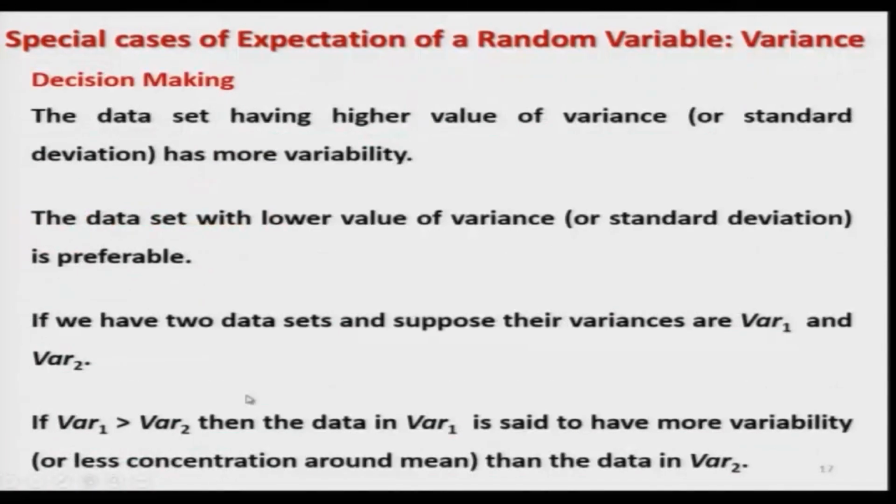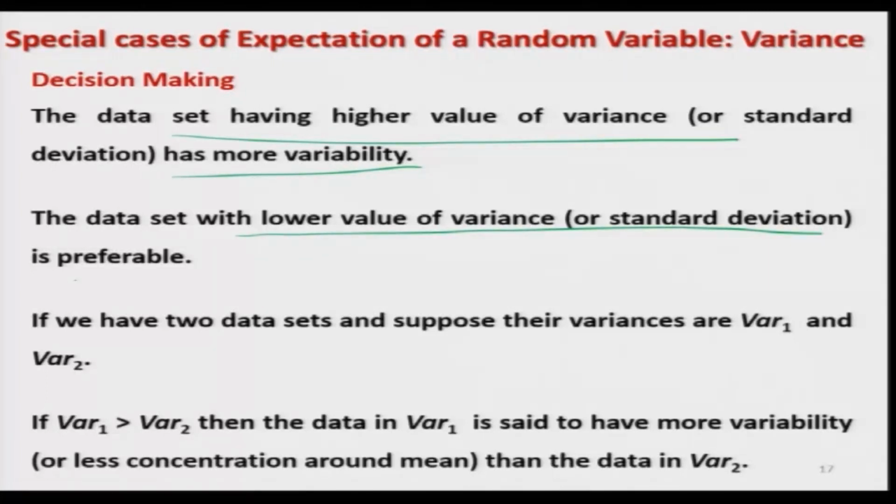So, any data which has a higher value of variance has more variability, and the data with the lower variance or standard deviation has lower variability. Any data with lower variability is always preferable.